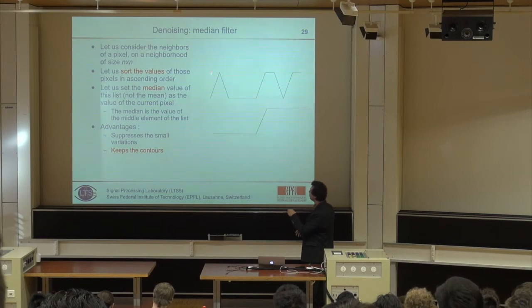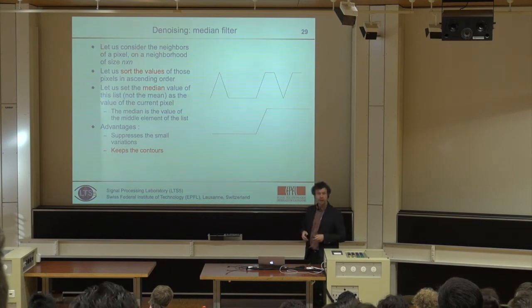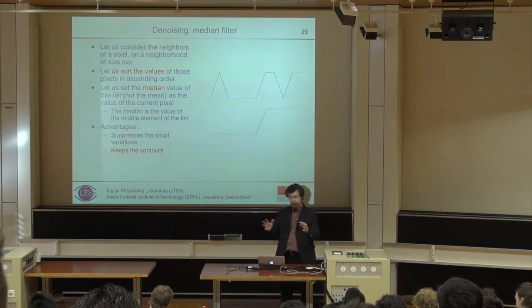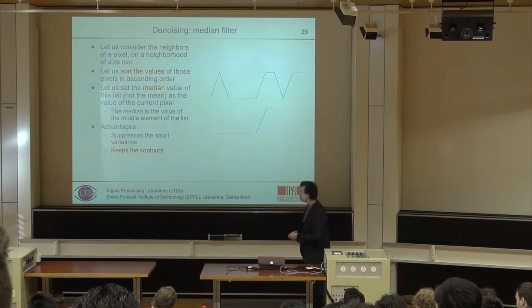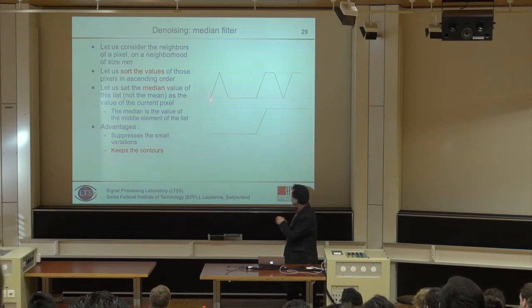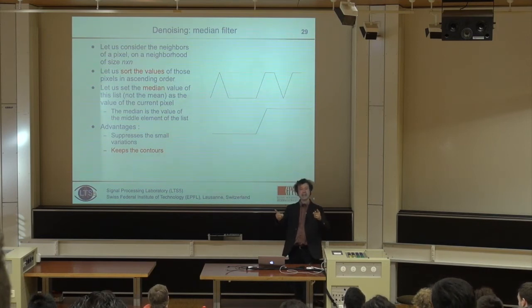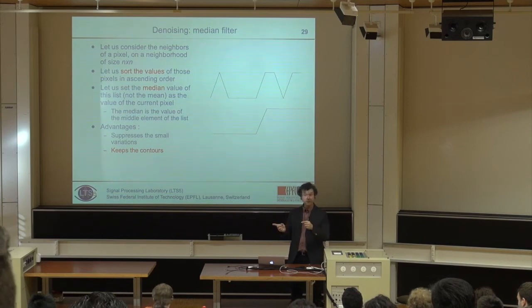Let's take this 1D example. It's a simple 1D line of an image, binary, 0, 1. It's a very simple example, but generalizing to 2D is trivial. I have these pixels along a line: 0, 1, 0, 0, 0, 1, 1, 0, 1, 1. I want to do a median filter of size 3 in 1D, 3 by 3 in 2D, for example.